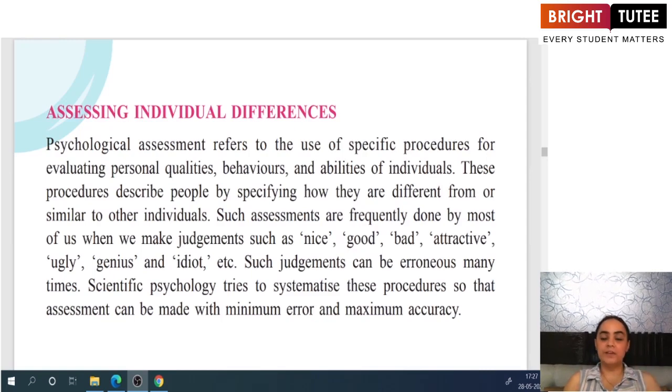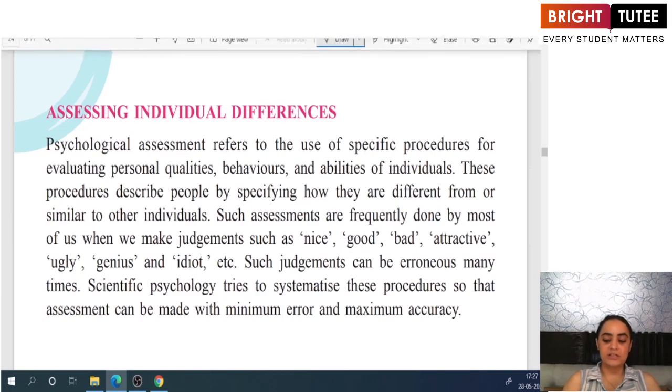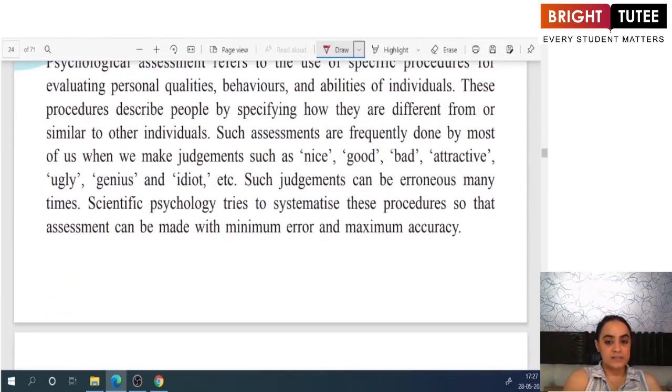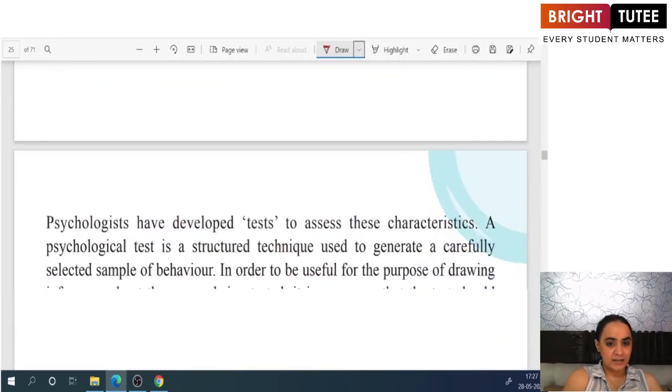So scientific psychology always tries to systematize these procedures so that the assessment of individual differences can be done with minimum error and the maximum level of accuracy. This is what scientific psychologists aim at.